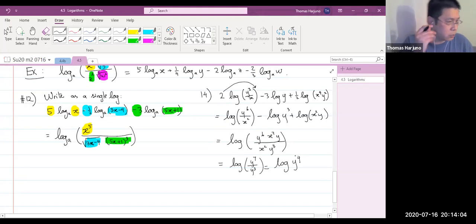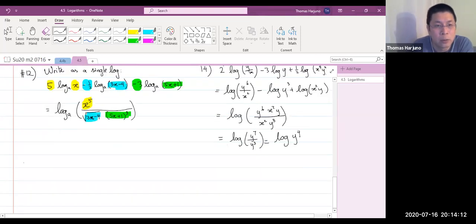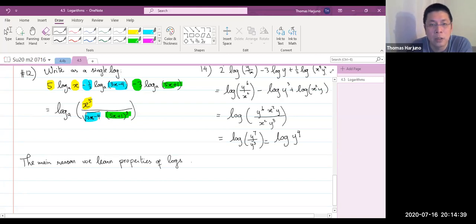Now, what is the reason we learn these properties of logs? The main reason, of course there are other reasons, but for now the main reason we learn properties of logs is to solve log equations.